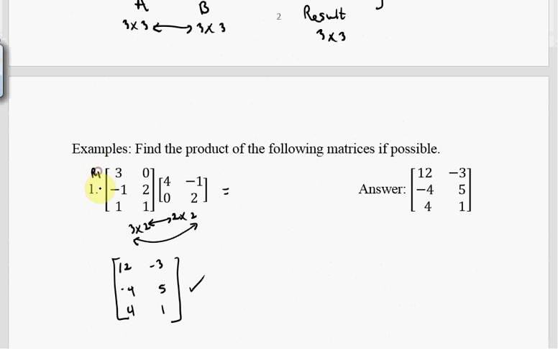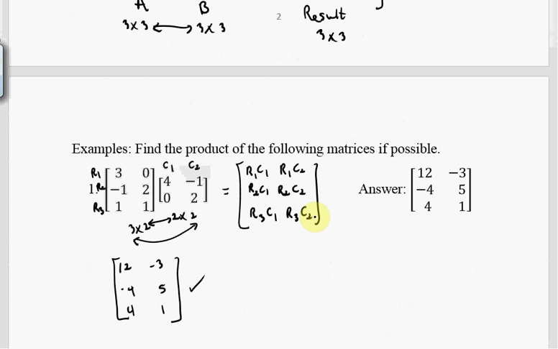Again, this is row 1, row 2, row 3, column 1, column 2. So this is row 1, column 1, row 1, column 2, row 2, column 1, row 2, column 2, then row 3, column 1, row 3, column 2. And we know that the result is going to be a 3 by 2.